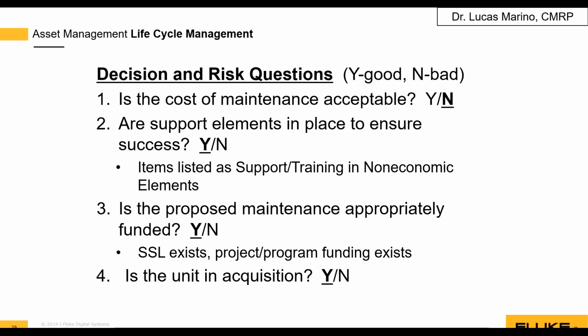Because really, you don't want to lose sight of the real reason you're there, and you don't want to lose sight of the impactful questions that exist. A few of them are listed here. It's pretty simple that if the cost of maintenance isn't acceptable, we still have a problem we need to address. If the support elements are in place to ensure success, then we need to make sure we're pointing to them and paying attention to them.